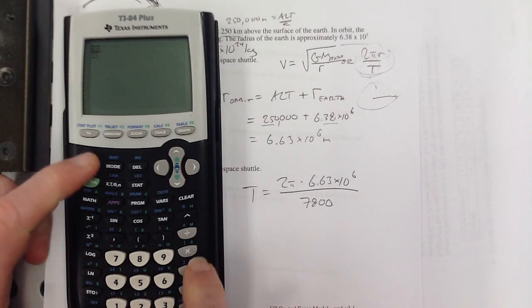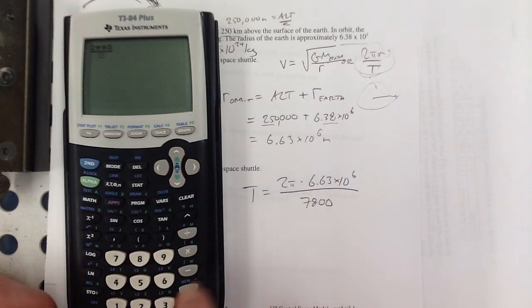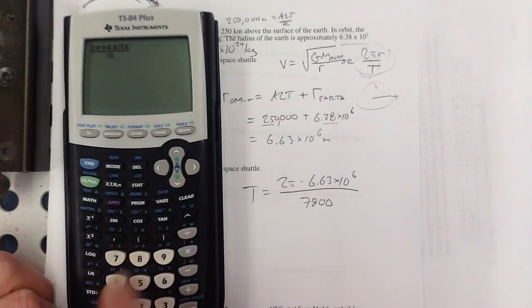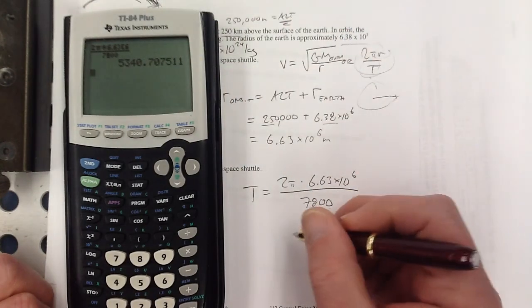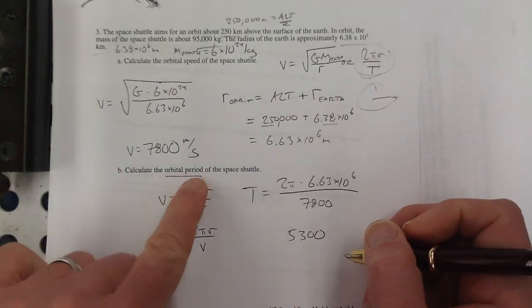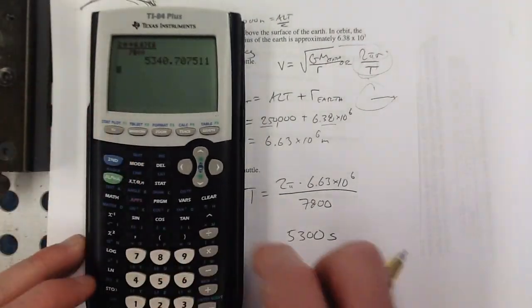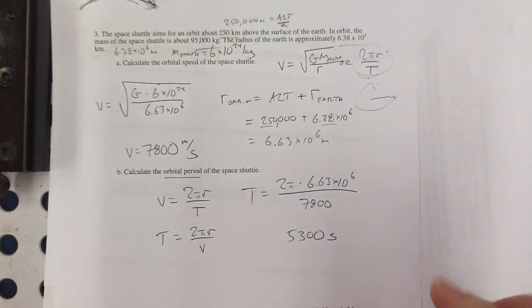I got 2 pi times 6.63 times 10 to the 6 over 7,800. So that's about, I'm going to call that 5,300. This is the period. That's an amount of time going to come out in seconds. If you want to know how many hours that is, divide that by 3,600. That's about 1.5 hours.